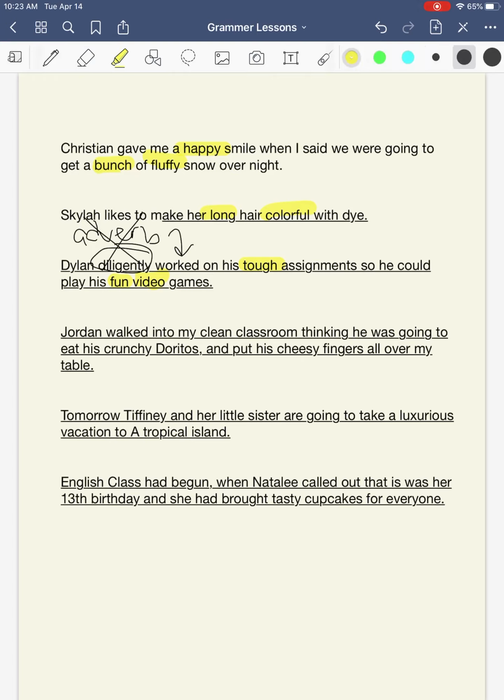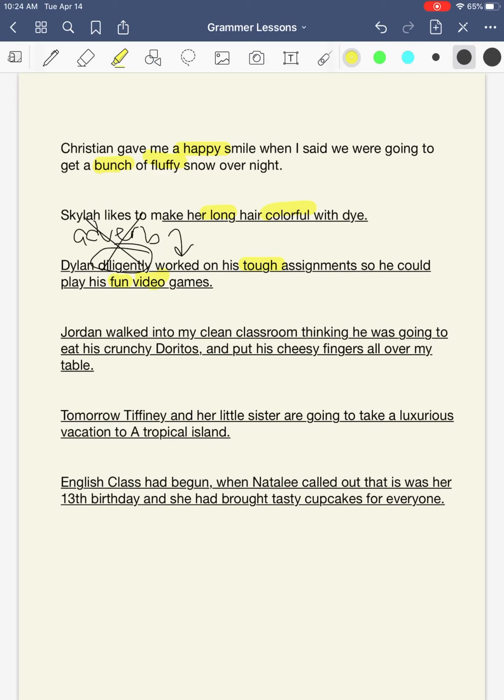Okay, the next one. Jordan walked into my clean classroom thinking he was going to eat his crunchy Doritos and put his cheesy fingers all over my table. Think for a bit. This one's pretty straightforward. See if you can figure out the adjectives in this sentence. Tell somebody sitting next to you what the adjectives are.